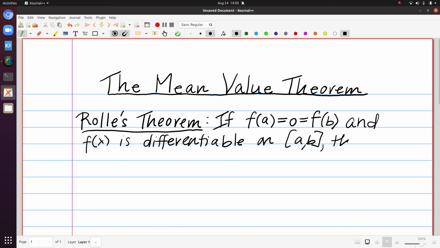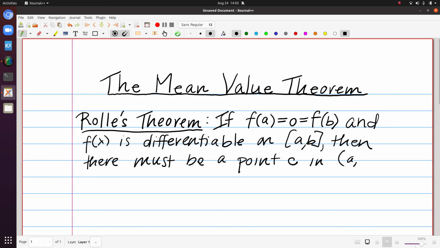Then the conclusion is that there must be a point c in the interval from a to b such that the derivative of f at c is equal to 0.